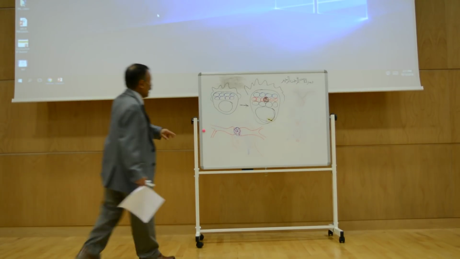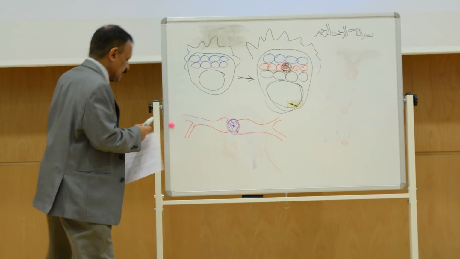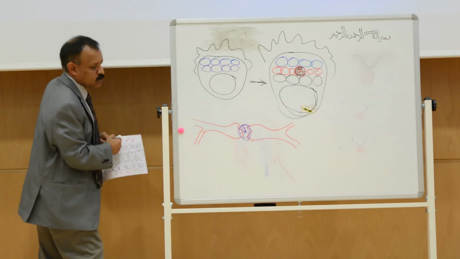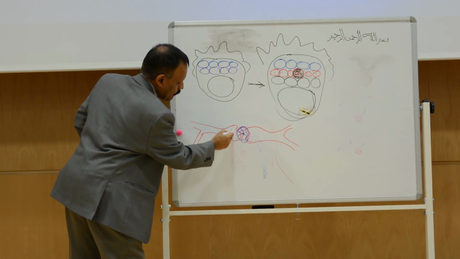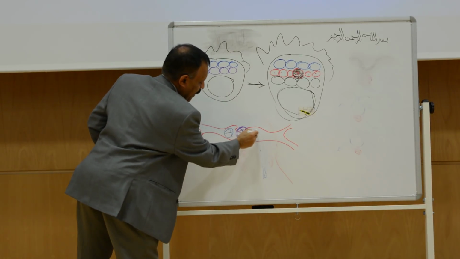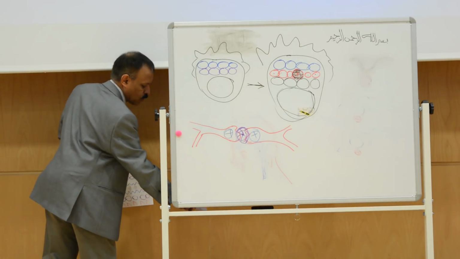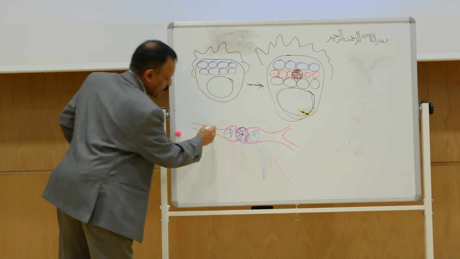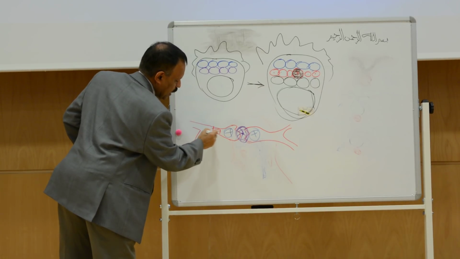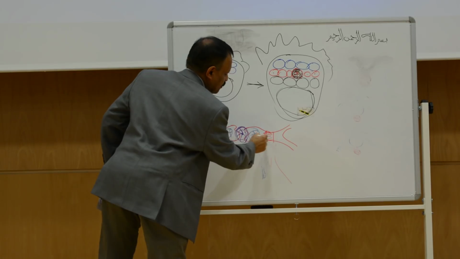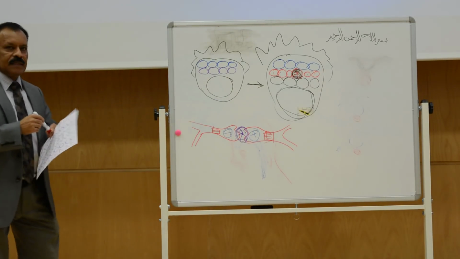Then you have the intermediate mesoderm. So I'll just draw it in a different way now. This part is called the paraxial mesoderm. The second one, over here, is called intermediate mesoderm, because it is present in the intermediate area.